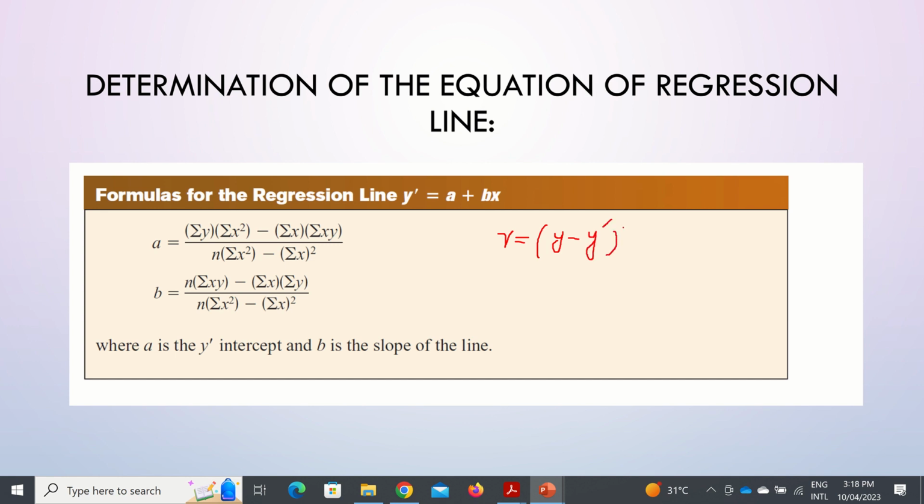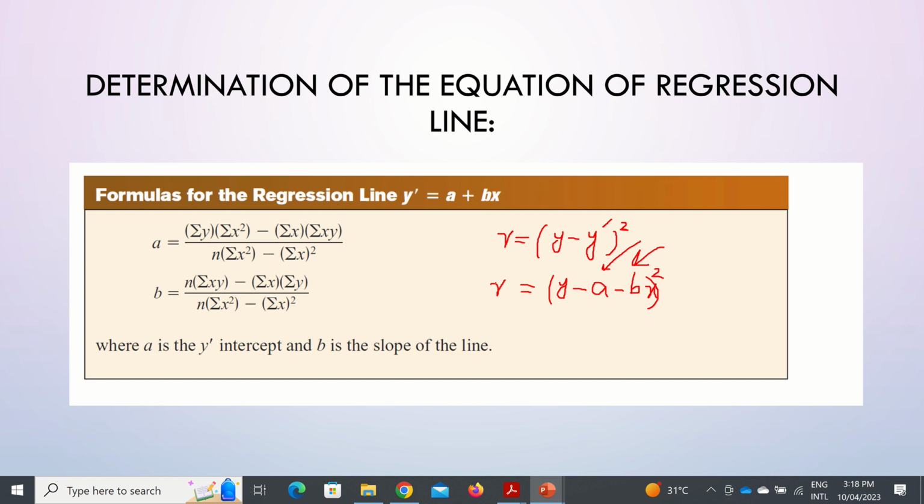We take the squared residual, so we have y minus y dash, which is taken as a plus bx, so y minus a minus bx, all squared. Now we would find the values of a and b, because by changing the values of a and b you get different straight lines. We have to look for optimal values of a and b, so we need to minimize this cost function, this loss function, whatever you call it.